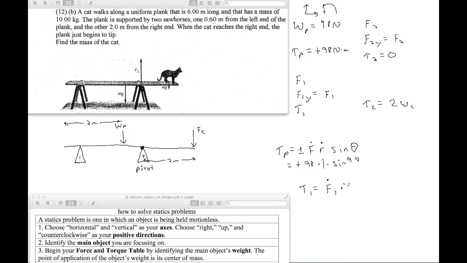So the torque from F1 would be negative because it's counterclockwise, and it would be the force of F1 times 3.4 meters. Because you knew that this was 0.6 meters from the left, and this is 2 meters from the right, and the whole thing is 6 meters. So that's good. I think you were careful with the distances there. That's good.